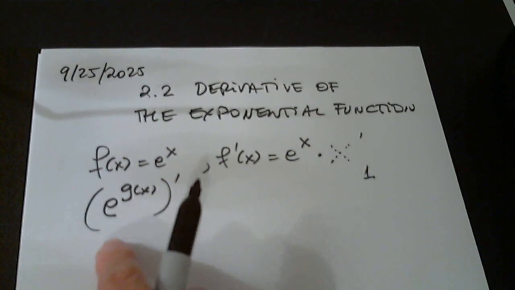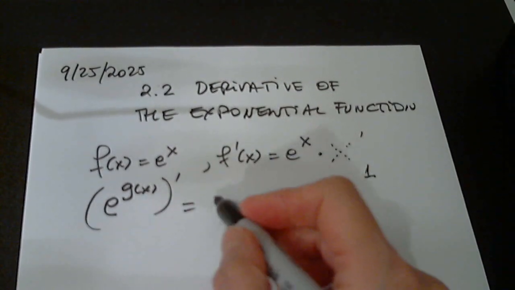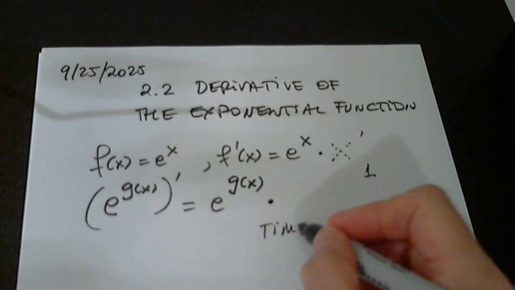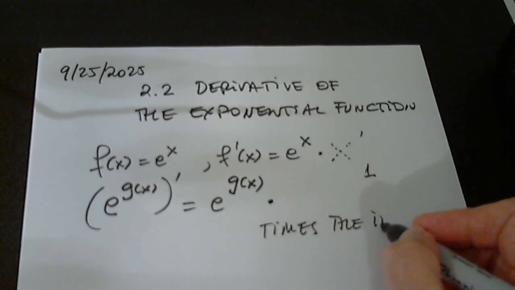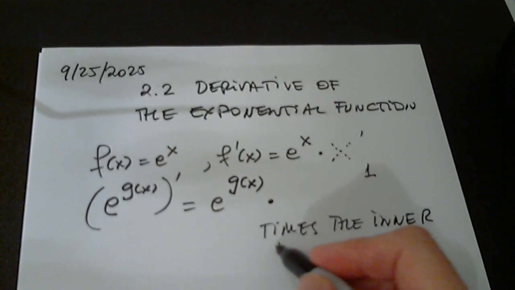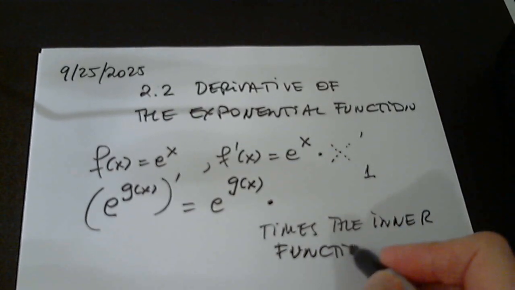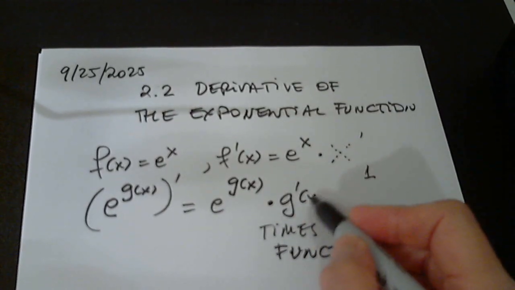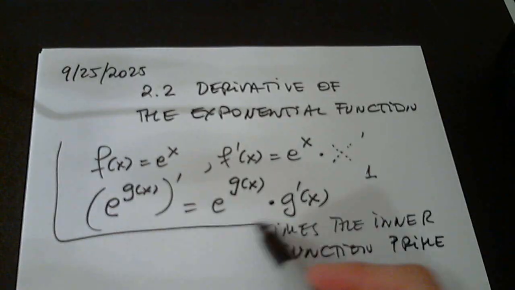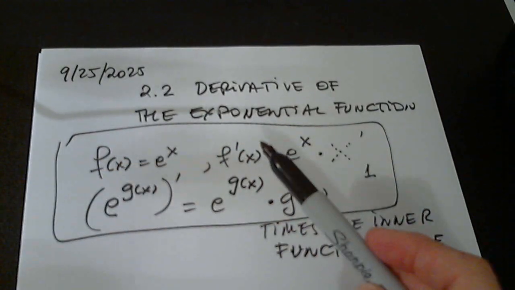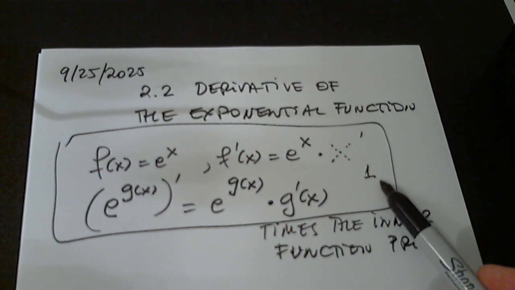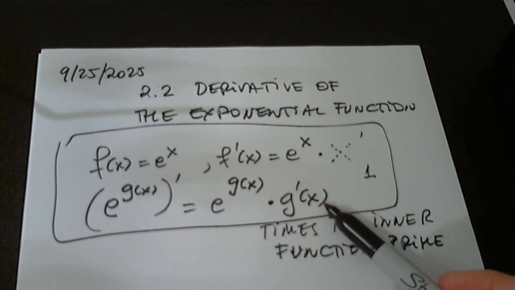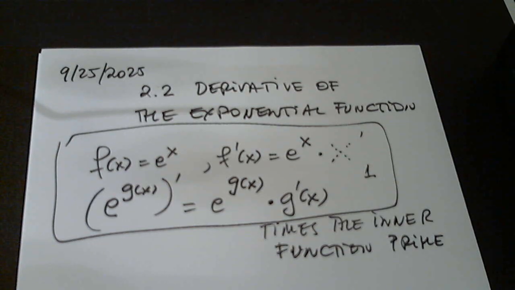So when I differentiate e to a function prime, I get e to that function, of course, times the inner function prime, which means g prime of x. So please remember, this is the same formula actually. I should write times x prime, but I don't because it's 1. So e to a function prime is e to a function times the inner function prime.